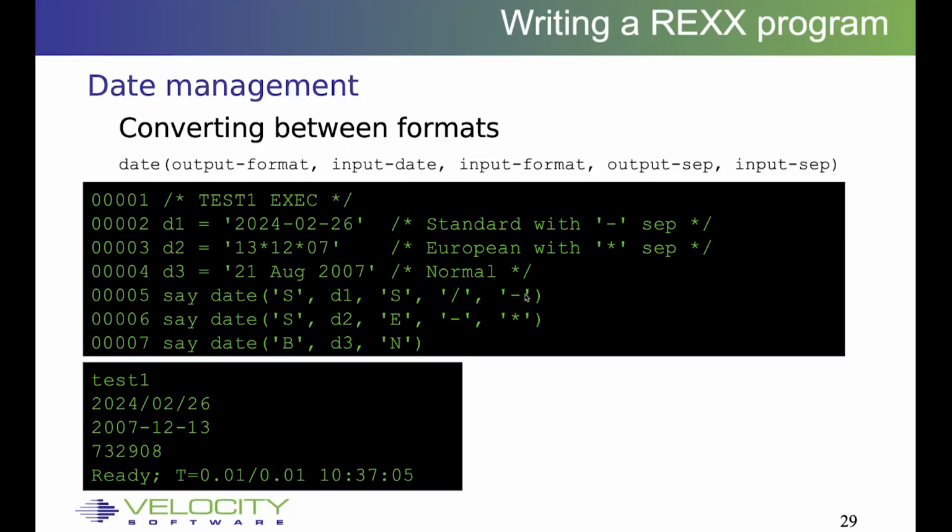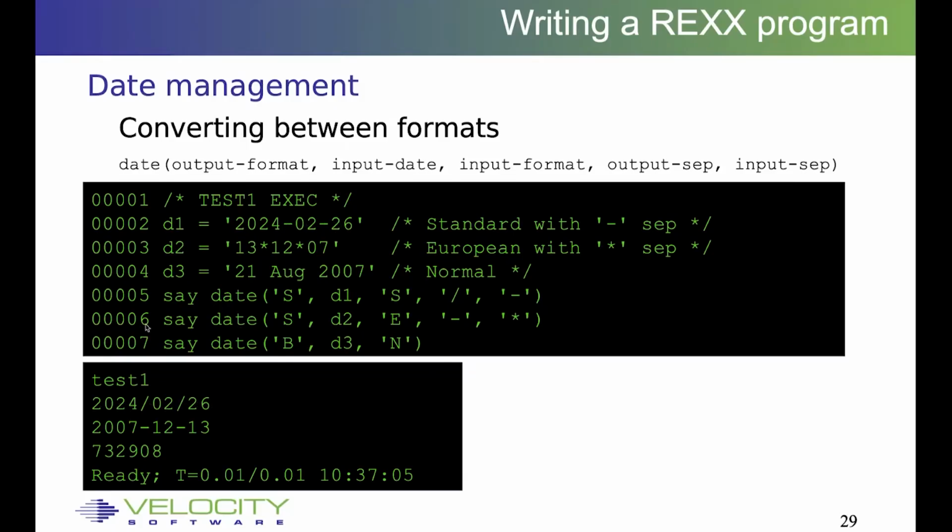So the input separator here is a dash, that's what D1 has in it, and we're just going to change it to slashes. And you can see in the output here, it's the same date, just converted from dashes to slashes. We could probably have done the exact same thing with the translate function, but I just wanted to show how it worked with the date.